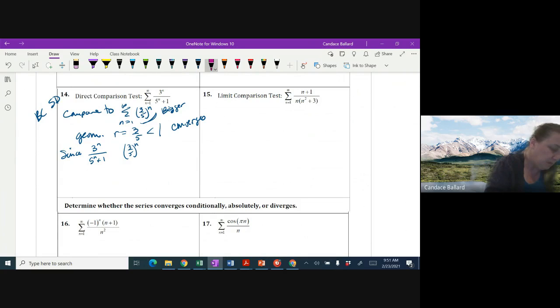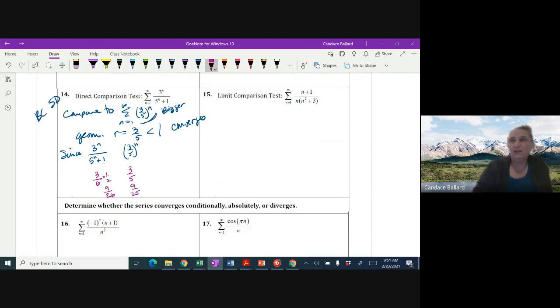So I'm going to put a 1 in. So I get 3 over 5 to the first is 5 plus 1 is 6. So that's equal to 1/2. And then this would just be 3/5, which I believe is bigger than 1/2. Let's do another one just to make sure it doesn't do anything goofy. So 3 squared is 9, 5 squared is 25, plus 1 is 26. And then this would be 9/25.